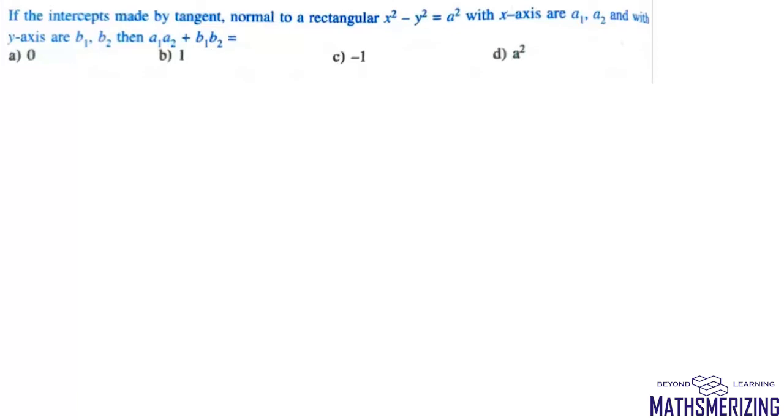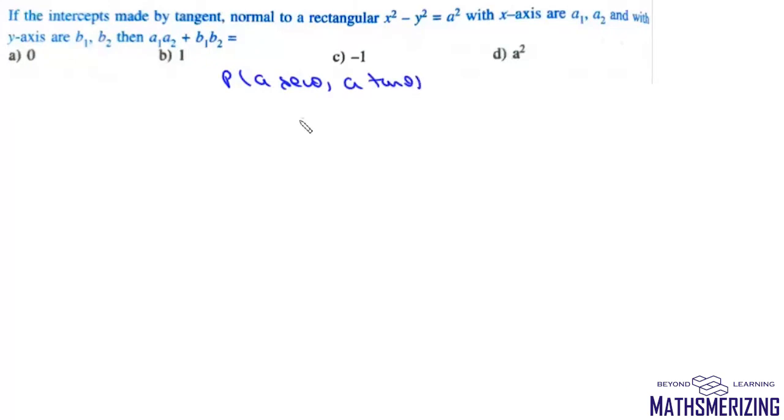Now here the question is, if the intercepts made by the tangent and normal to a rectangular hyperbola with the x-axis are a1, a2 and with the y-axis are b1, b2, then a1 a2 plus b1 b2 is? Now let us say we have drawn a tangent and normal at any point which is a secant theta and a tan theta.